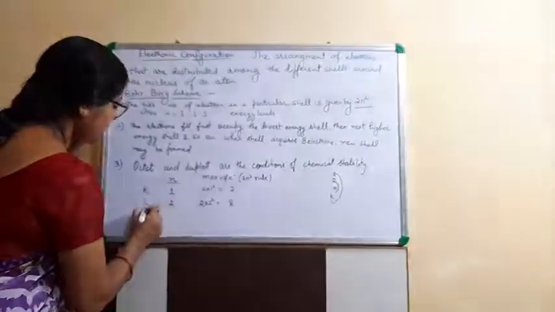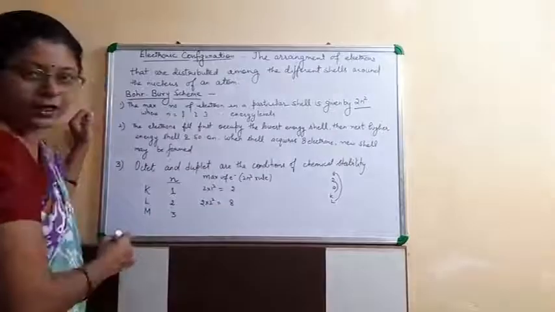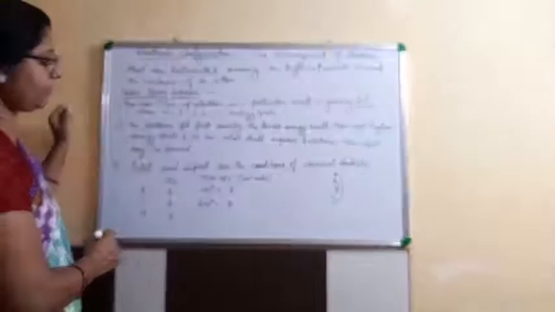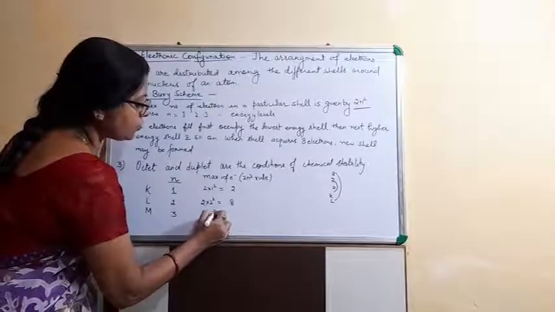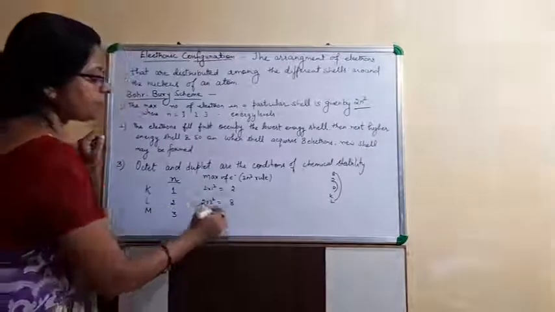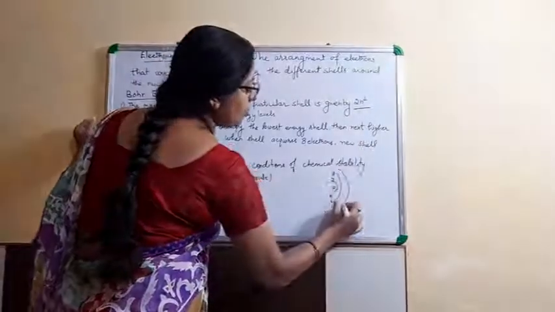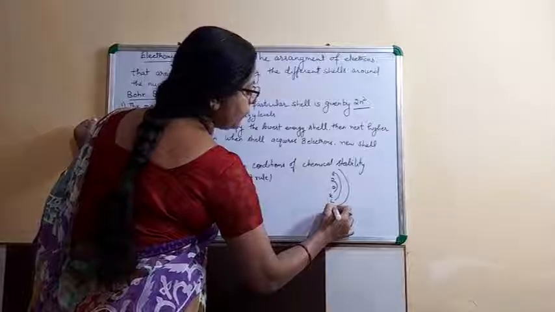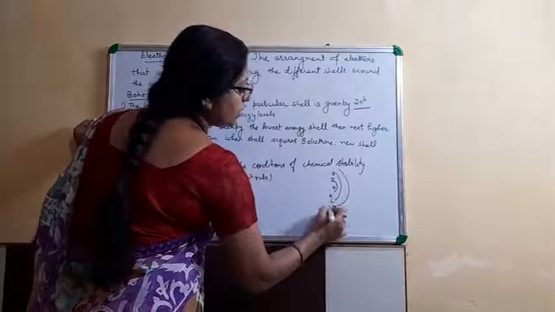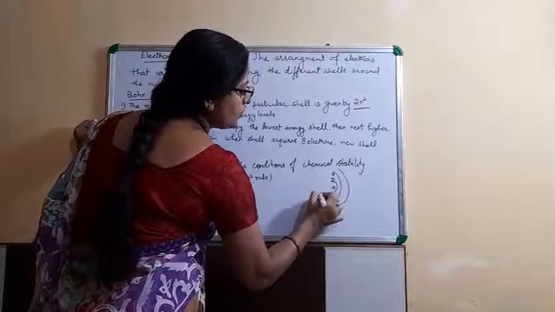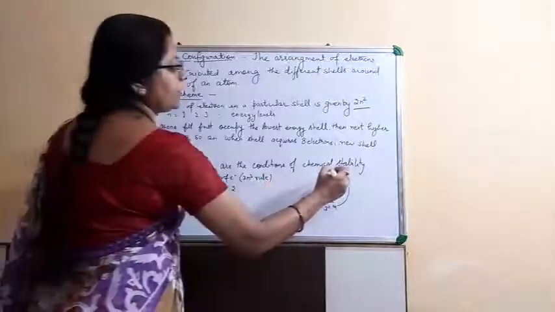Next is the M orbit. The energy level is 3, and it is 2 into 3 square. 3 3s are 9, 2 9s are 18. So the maximum number of electrons that can be filled in the M orbit, or third orbit, is 18.